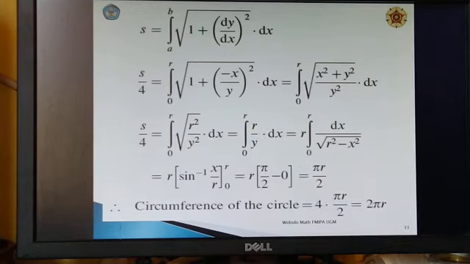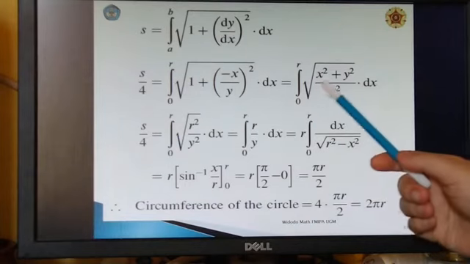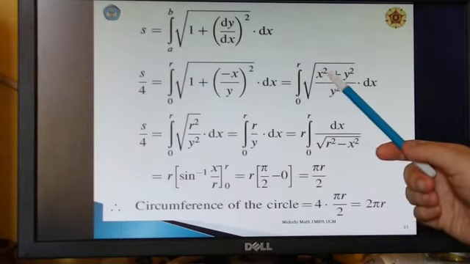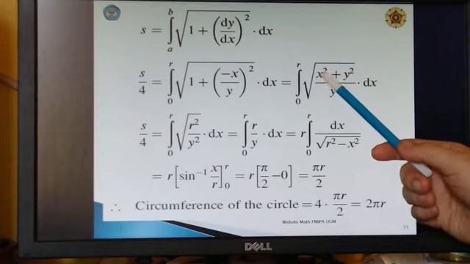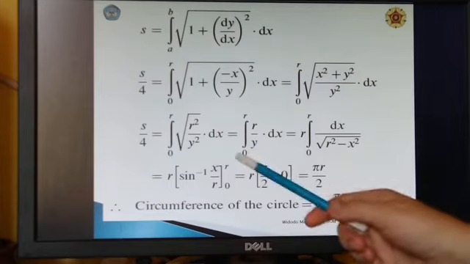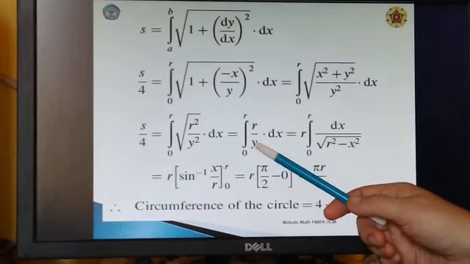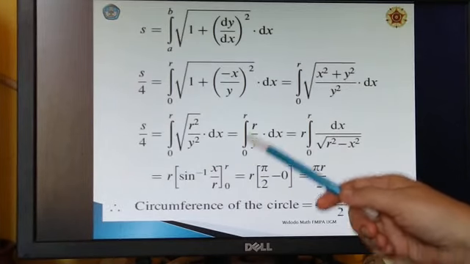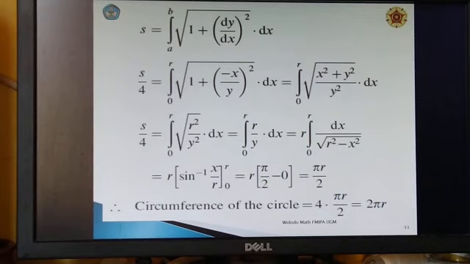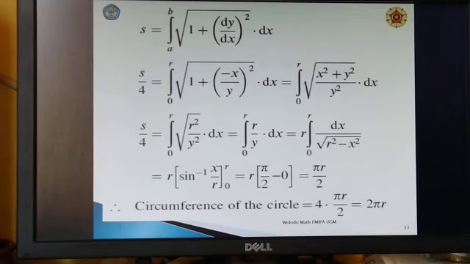Because we move from a to b in Cartesian coordinates with respect to r, the polar coordinate, because r square is equal to x square plus y square. So altogether we have the integral of r divided by y from 0 until r. The y itself is equal to the square root of r square minus x square.